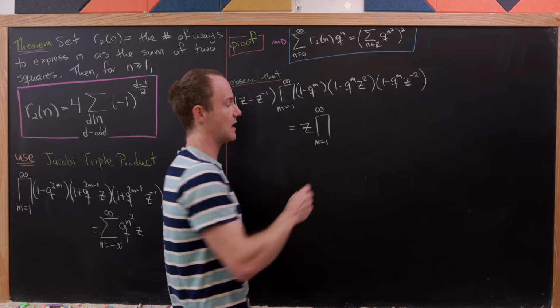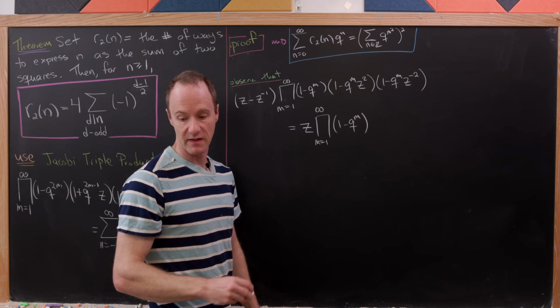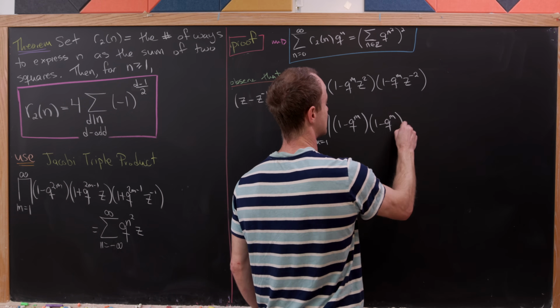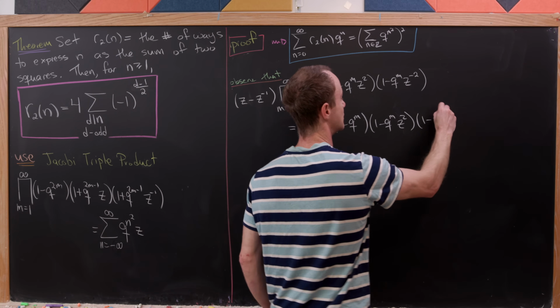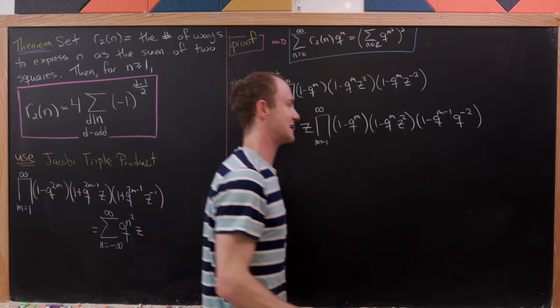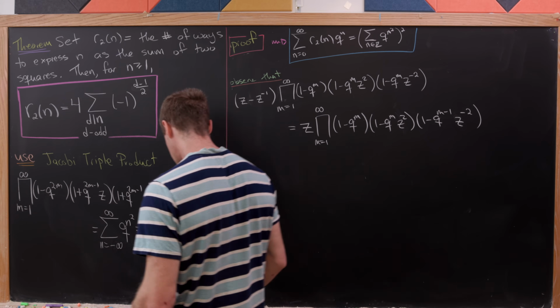infinity of 1 minus q to the m, and then we're going to have 1 minus q to the m times z squared, and then we'll have 1 minus q to the m minus 1 times q to the minus 2, times z to the minus 2.